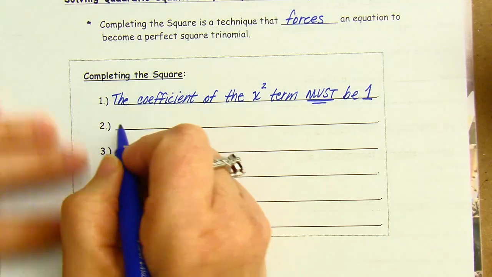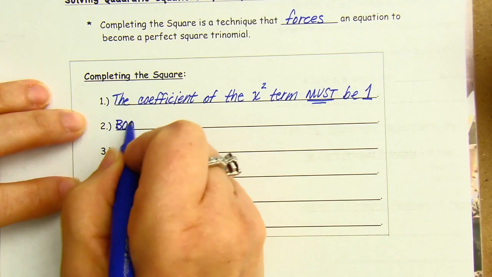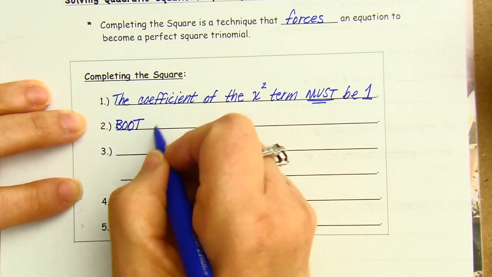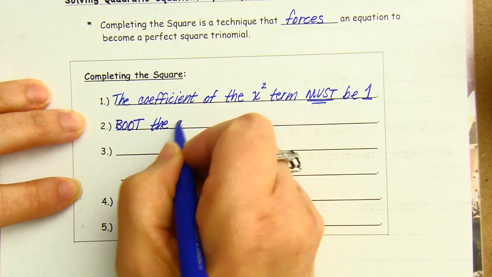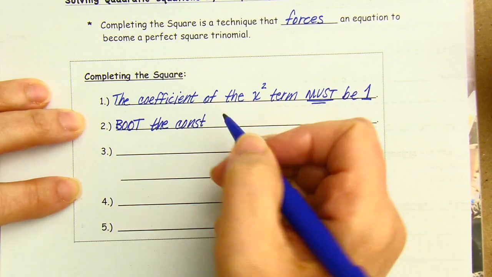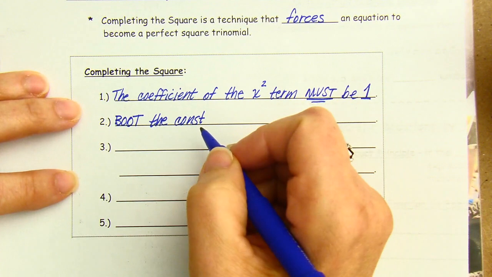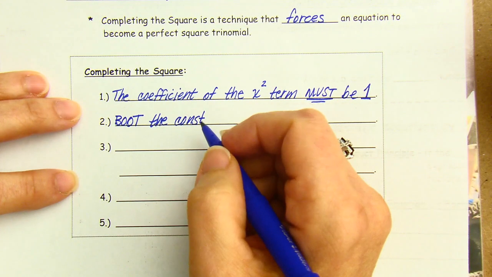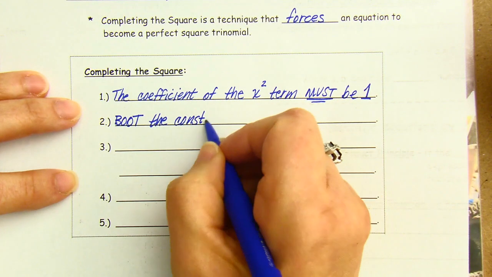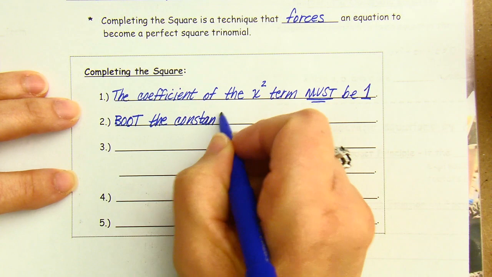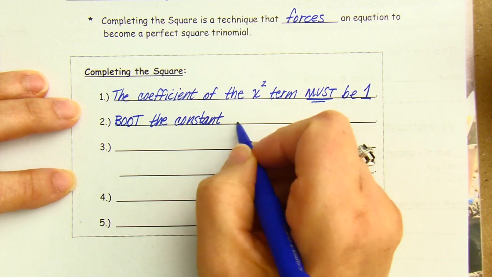The second step is you boot the constant, which is the term in your equation that does not have a variable. That's your constant term. So you boot the constant to the other side.